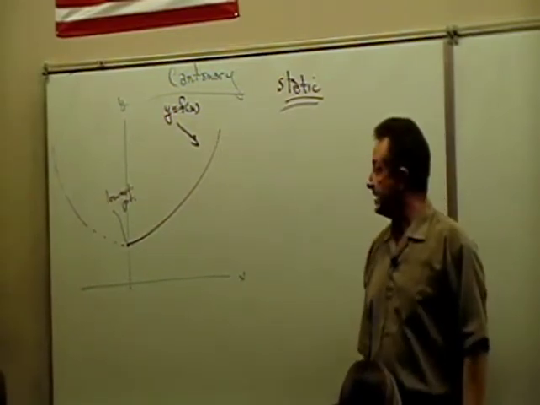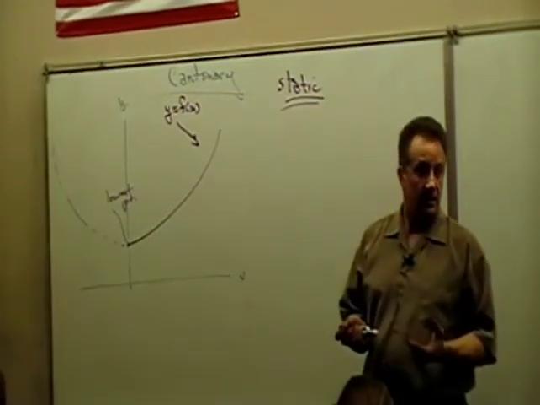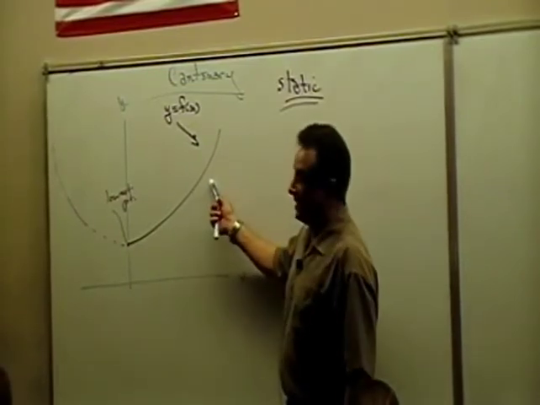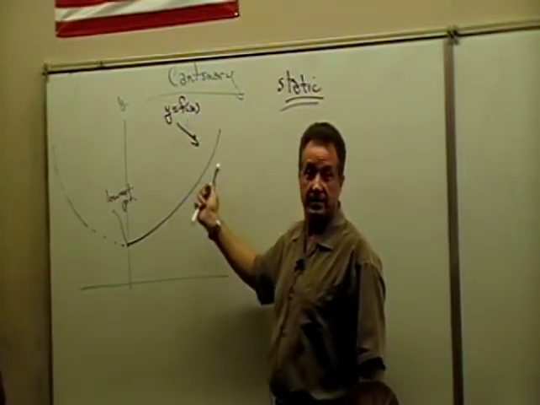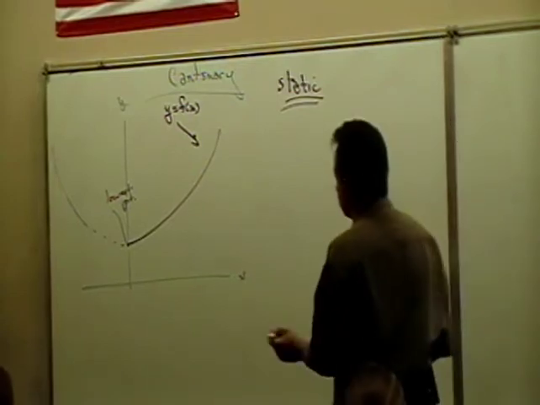We call this obviously a static case. We can use Newton's second law of motion to aid us in coming up with a curve shape for this catenary. So we're going to do a little physics here, see what we get.